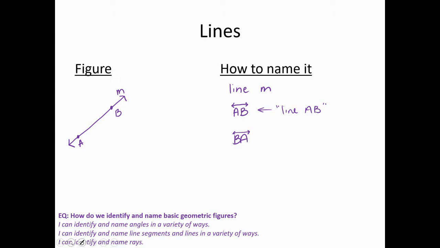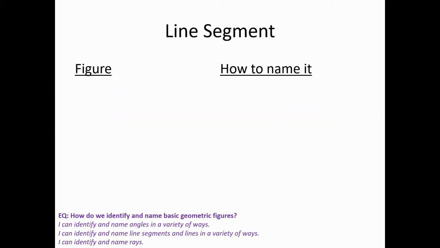Let's go ahead and move on to line segment. So just make another little section here, line segment. Again, we've seen this before. The figure for a line segment basically looks like the one we did a minute ago. It's a straight path because it is a section of a line.